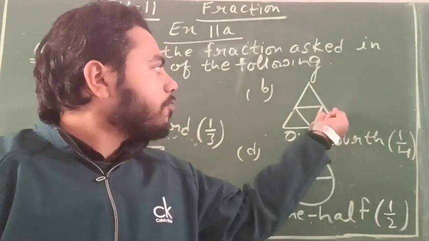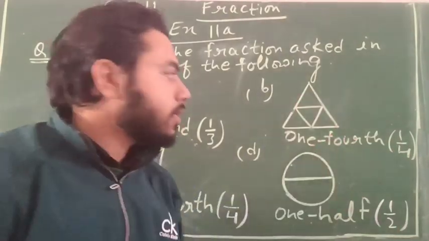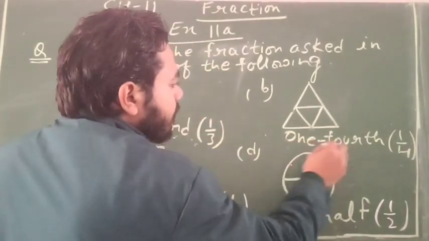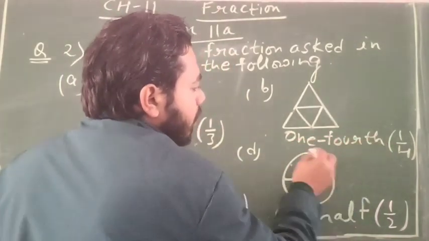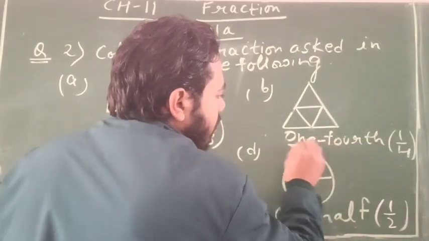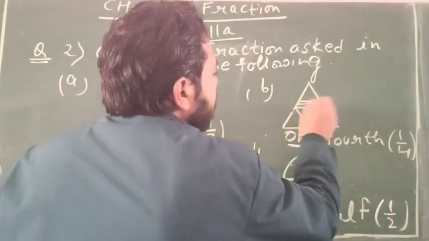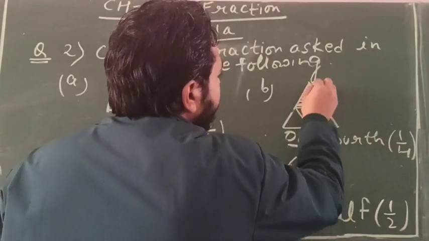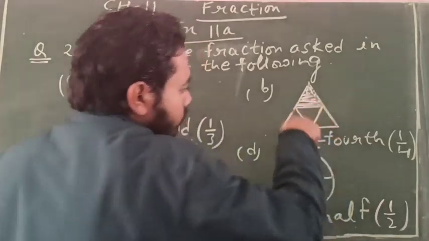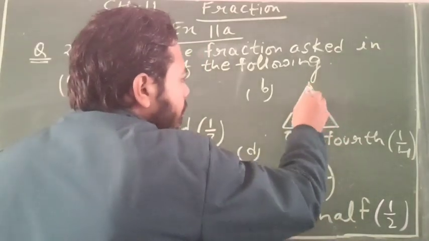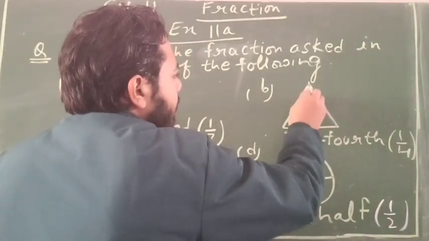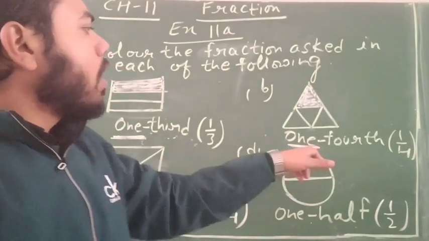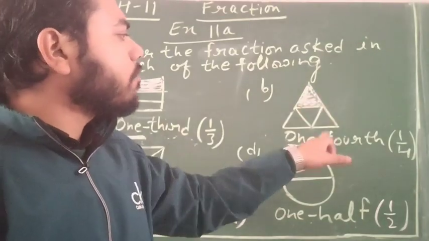Here the question says you have to color 1/4, which means you have to color one part. We color any part out of these four. So we have colored this one part, and this figure is representing 1/4.